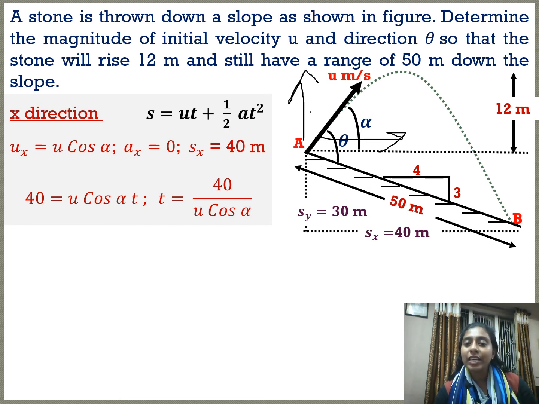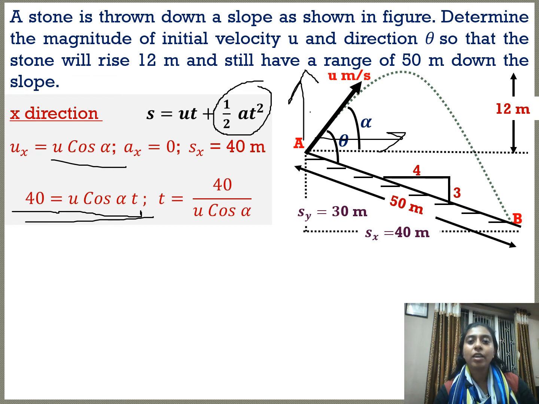So when we are resolving it into horizontal component, it is u cos alpha. Now we will substitute Sx is 40, u cos alpha into t. And acceleration due to gravity is 0, so this term becomes 0. So from this equation, our t is equal to 40 by u cos alpha.